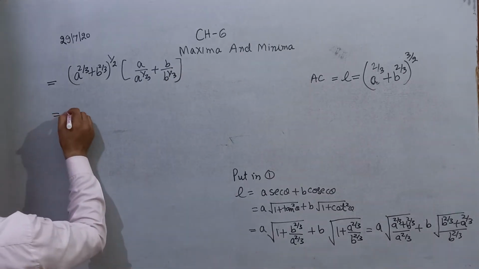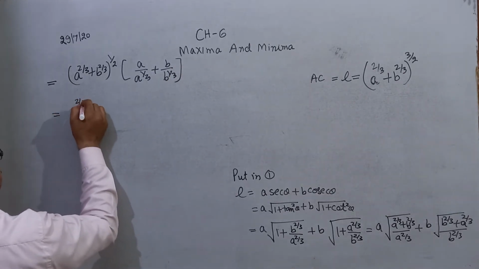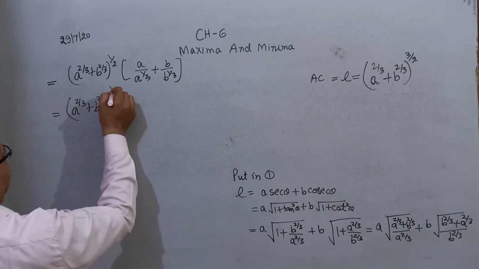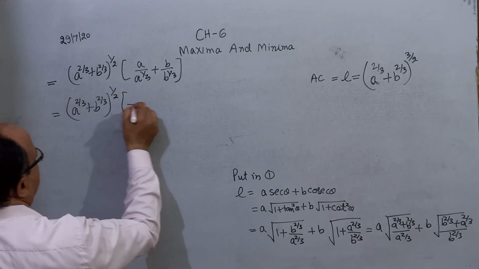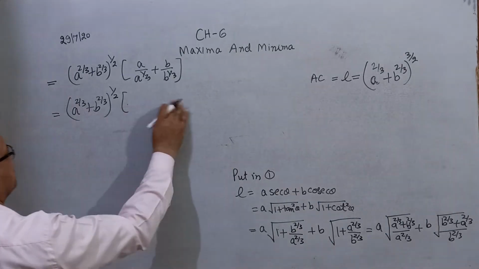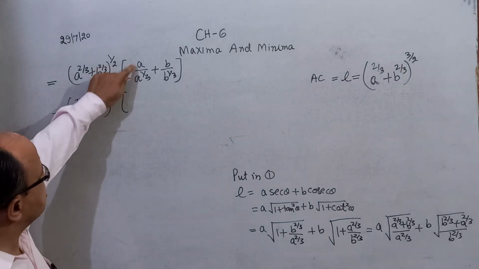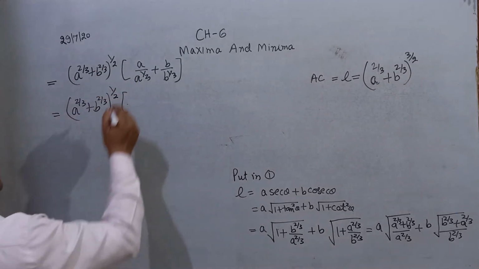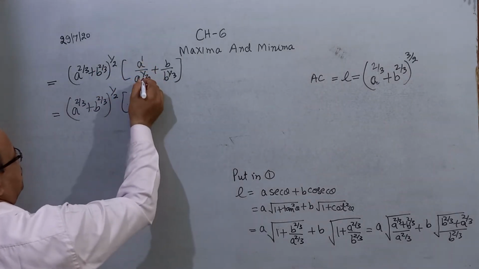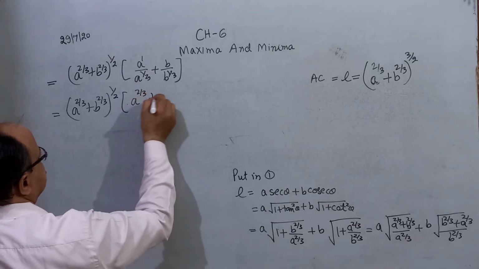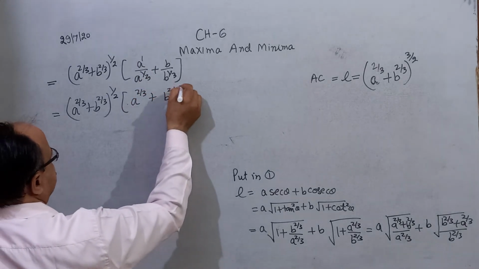Now simplify. If the bases are equal in division, then the powers are subtracted. A to the power 1 and a to the power 1 by 3 gives a to the power 1 minus 1 by 3, that is 2 by 3.